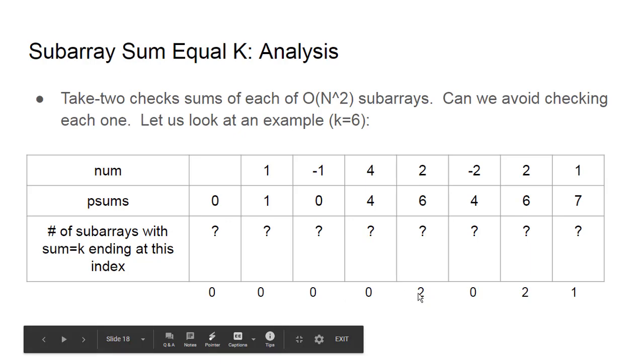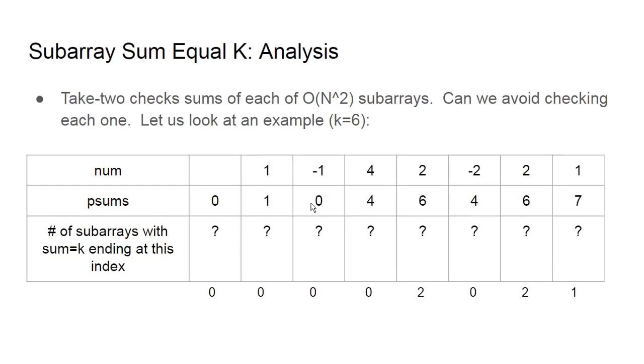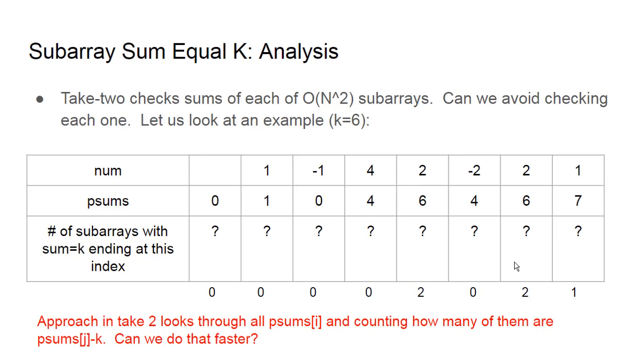So the number of subarrays with sum 6 ending at each position, we have 2 here, and 1 here. And we have 2 here because we have one 6 here, and then we have two 0s that happened earlier. Similarly, because of the two 0s, there are 2 subarrays that sum up to 6 ending here.